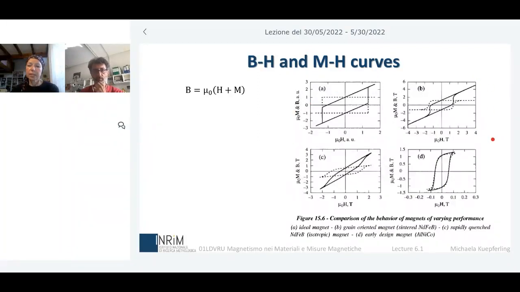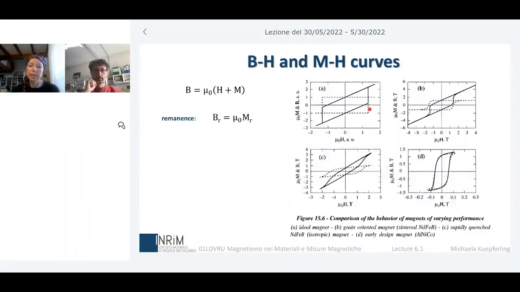Of course, one thing that we always want in a hard magnetic material is a high coercivity, and as we said already several times, high coercivity is, of course, one very important ingredient, but nevertheless, we also want a good remanence. So you can see here these first curves, in this subgraph A, are the curves for an ideal permanent magnet.